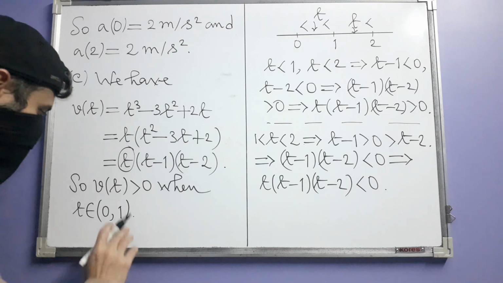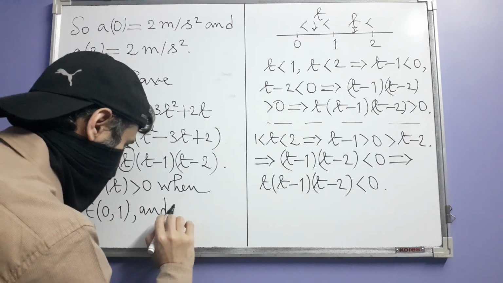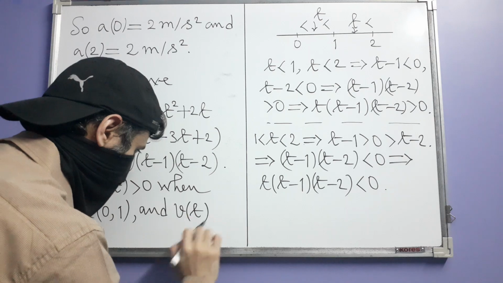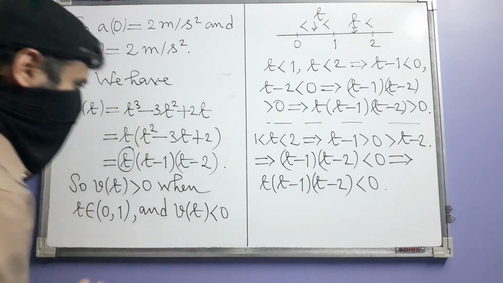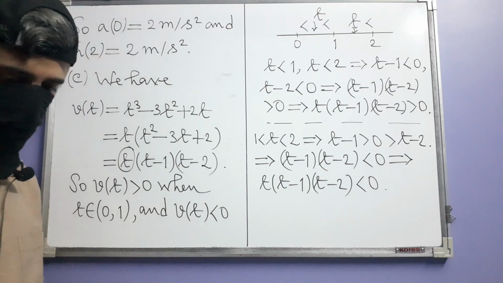So this means v of t is negative if t lies in this interval.